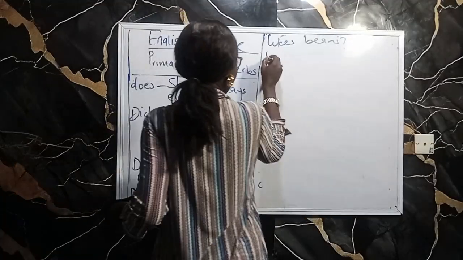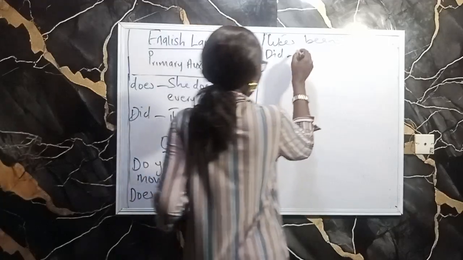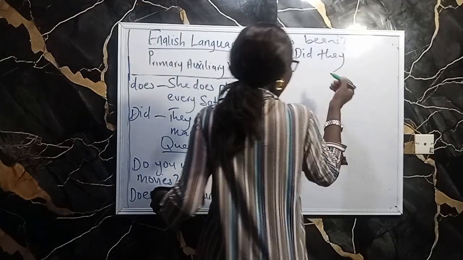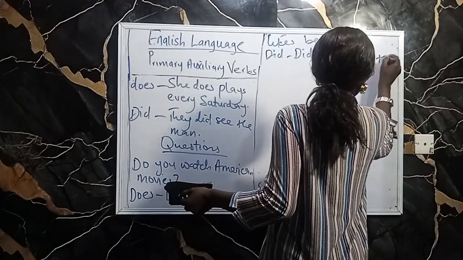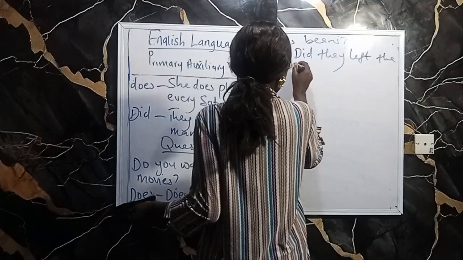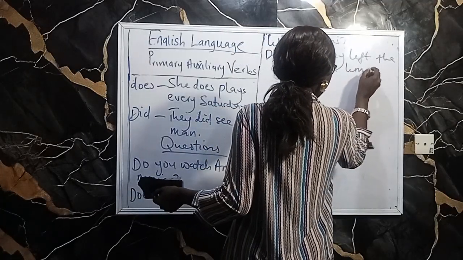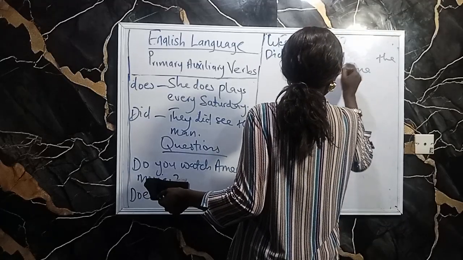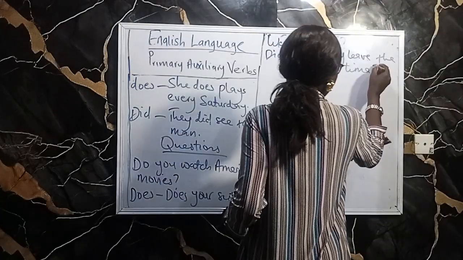Then did, which is the past tense of both. Did they leave the zoo on time? Please, sorry for that mistake. Did they leave the zoo on time?